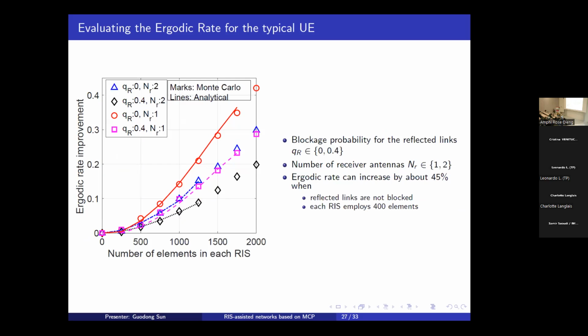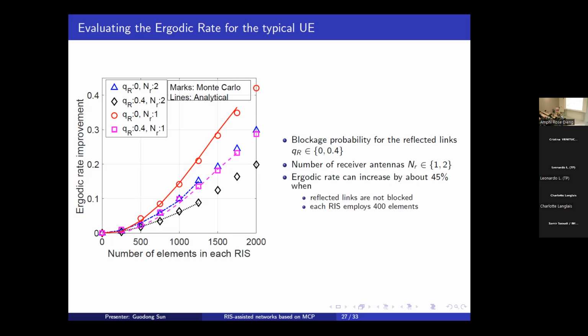So here is the ergodic rate from the previous parameters. We evaluate the ergodic rate with respect to the number of RIS antennas. When the number is 0, we mean there is no RIS in this network. The y-axis depicts the improvement, which is the relative value.